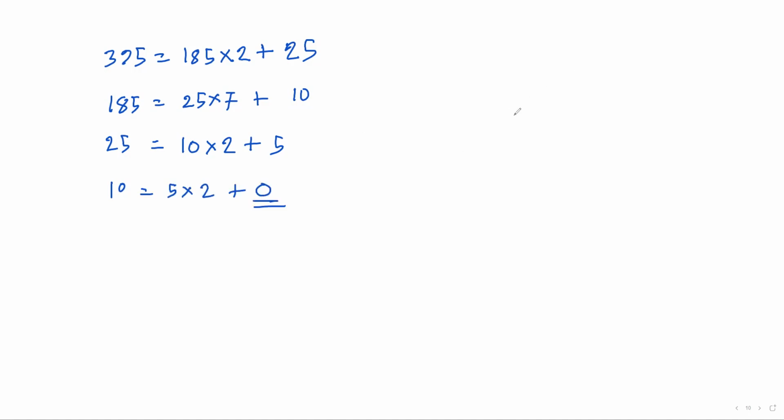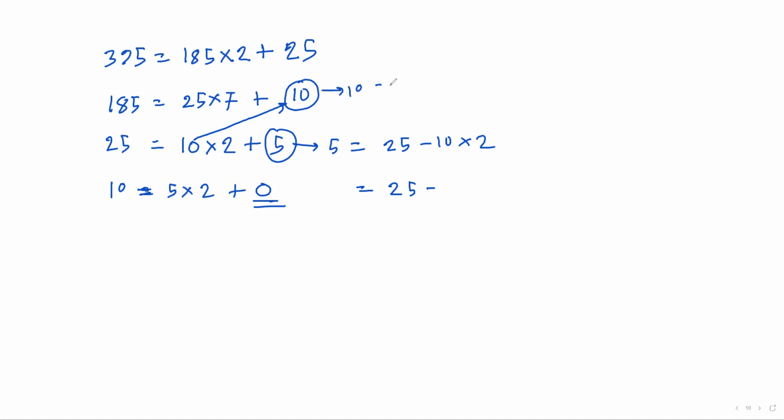Now we are going to reverse engineer. So what we do is start with this 5 and write it as 25 minus 10 times 2. Now we are going to replace this 10 by this 10. So 25 minus 10 times 2, and what is 10 here? 10 is just 185 minus 25 times 7.